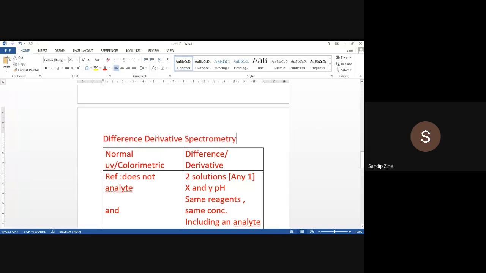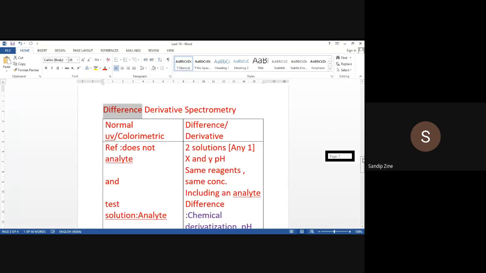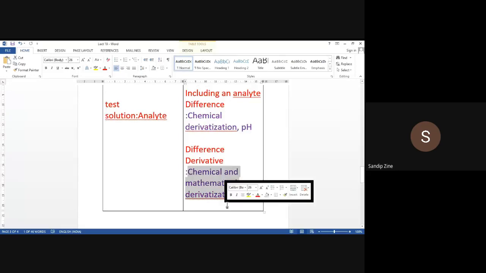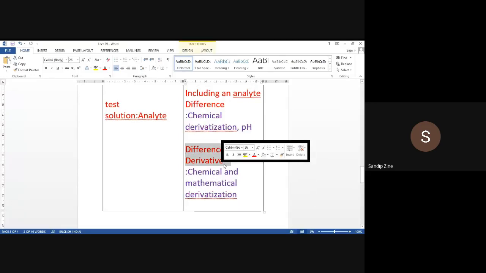So the takeaway is that in derivative, we will split the normal spectrum in a derivatized form into first, second, third order spectra. And in difference, we will do chemical derivatization. And if we are still not getting a result, then we can take help of both the techniques, that is difference or derivative.